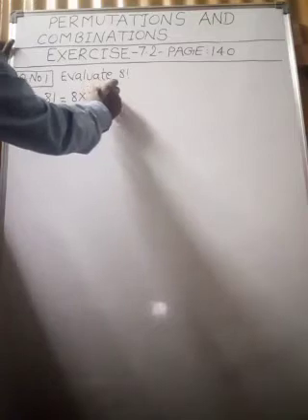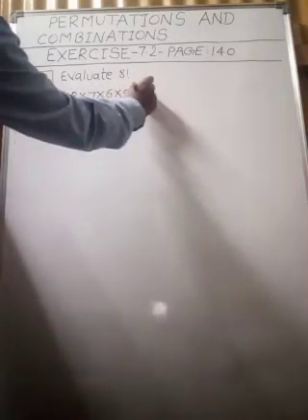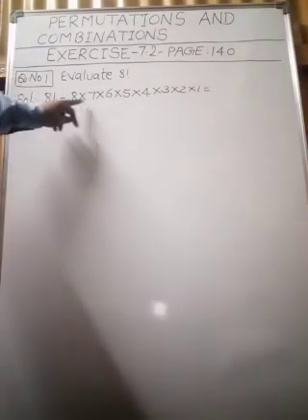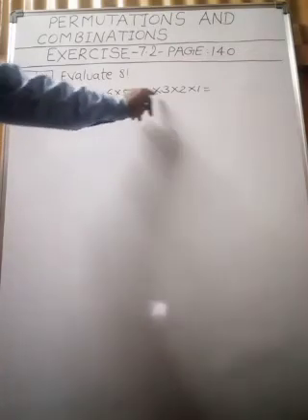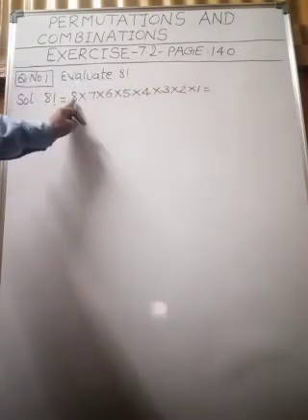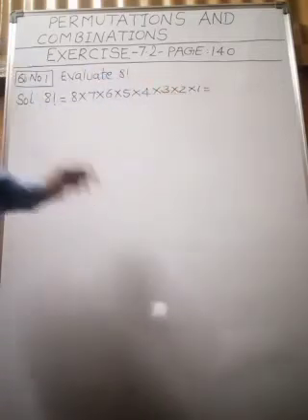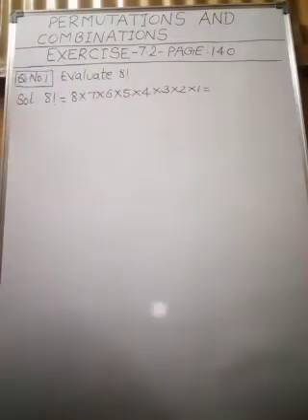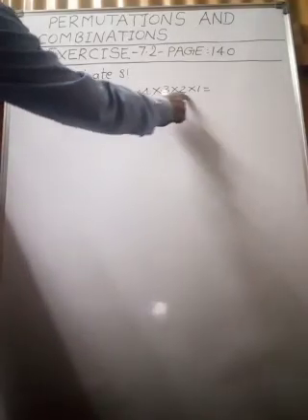Now come to the solution. 8 factorial is equal to 8 into 7 into 6 into 5 into 4 into 3 into 2 into 1, starting from this number to the number 1 in descending order. We write the natural numbers starting from this number to 1. Understood this point, my children? Right.